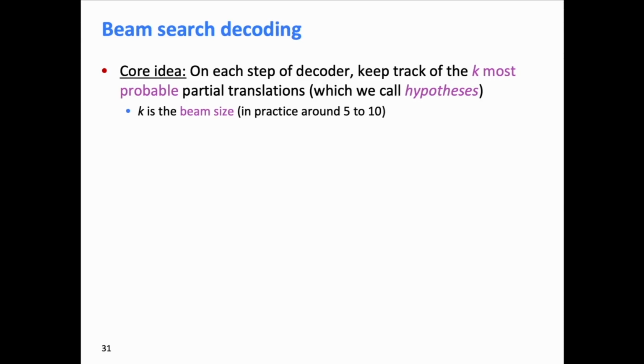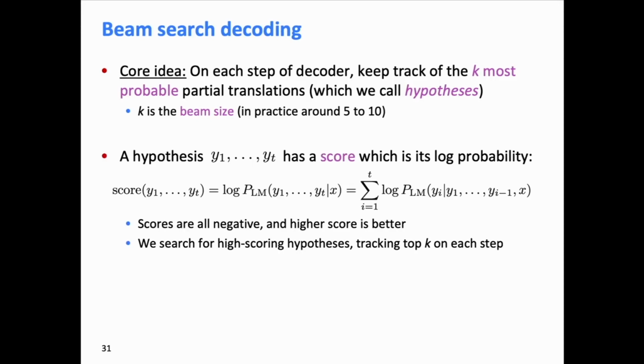So if you increase K, then you're going to be considering more different options on each step, and you might hope that this will mean that you get a better quality solution in the end, though of course it will be more expensive. I said that we want to keep track of the K most probable partial translations, that is hypotheses. So this means that we need some kind of notion of, how probable is this hypothesis, or what's its score? The score of a hypothesis, y1 up to yt, is just its log probability.